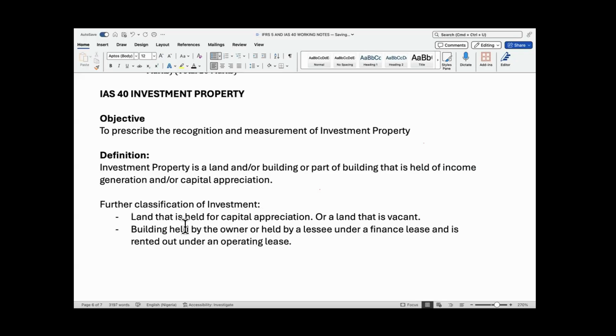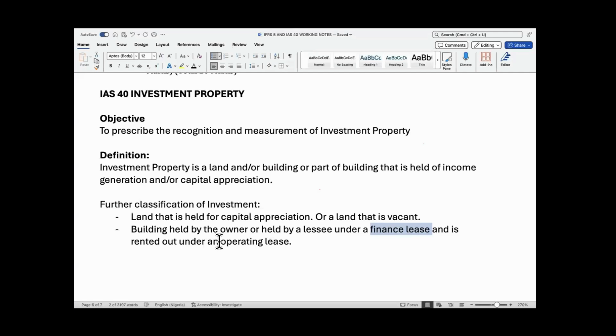So when you have a building held by the owner, the person that owns the building, or it is held by a lessee under a finance lease. So if a lessee holds a building under a finance lease, and what you learned under IFRS 16 on finance lease is that when you hold an asset under a finance lease, it means that you are going to use the asset for the most part of the useful life of the asset.